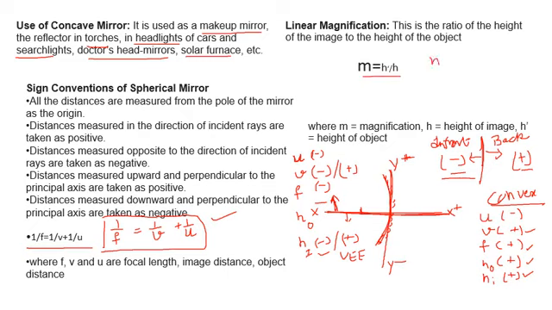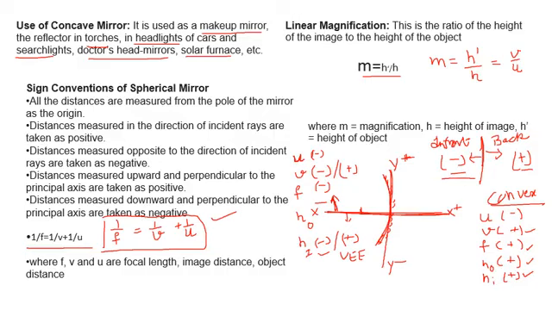Magnification is the ratio between the height of an image and height of an object, which is h dash upon h, and which is also equal to v upon u.